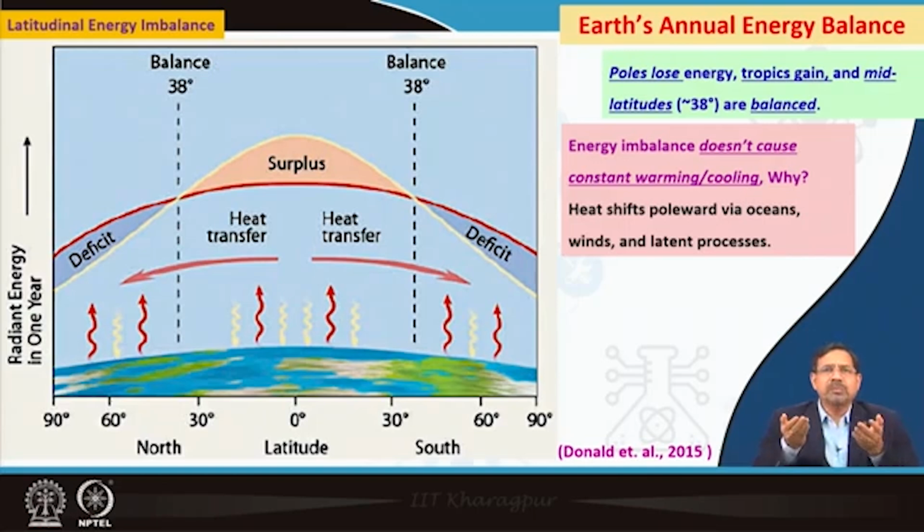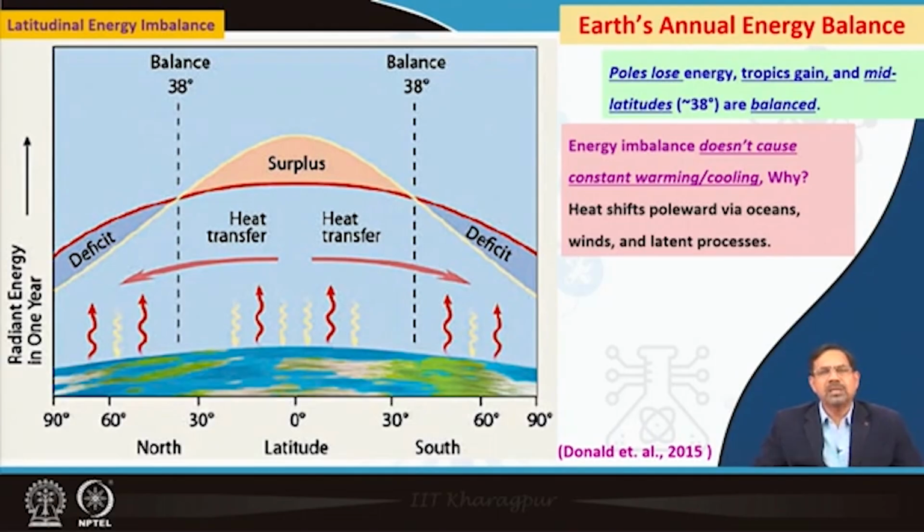It is very important to understand that poles lose energy, tropics gain, and at mid latitude around 38 degrees the incoming solar radiation is balanced. So, the energy imbalance does not cause constant warming or cooling, because heat shifts polewards, to both the north and south poles, via oceans.